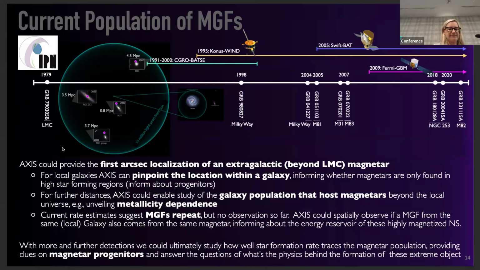And why is this important? This is relevant because you could pinpoint the location of this magnetar within a galaxy, and see if magnetars are only found in high star-forming regions. And this can inform about the progenitor, which is the ultimate question: what the hell can produce these huge magnetic fields, of these very extreme objects?